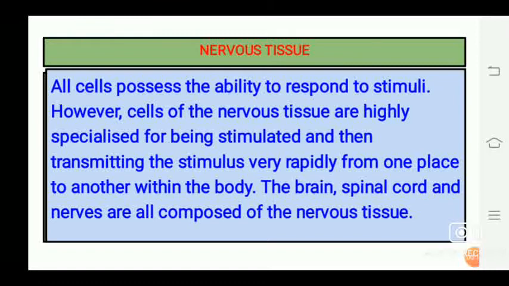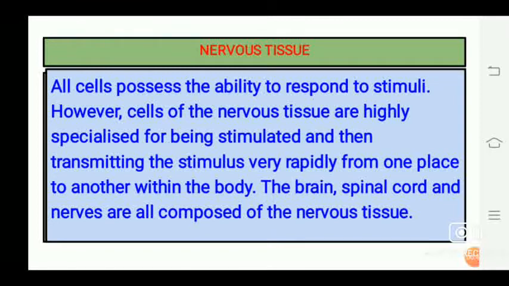Living organisms react towards stimuli. However, the cells of nervous tissue are highly specialized for being stimulated, meaning they specially respond to stimuli and then transmit that stimulus very rapidly from one place to another within the body.